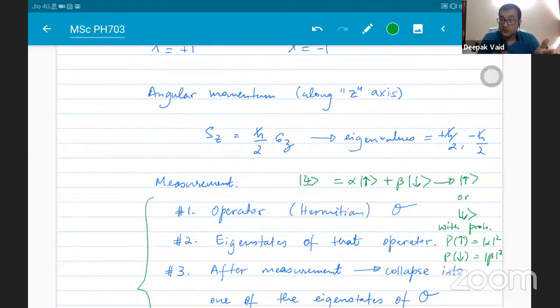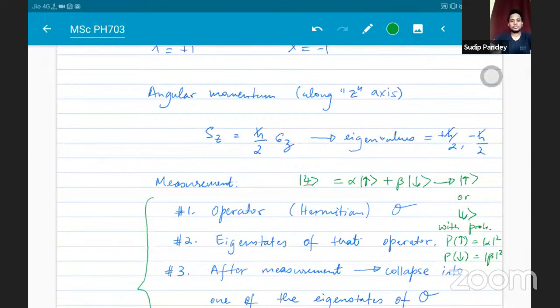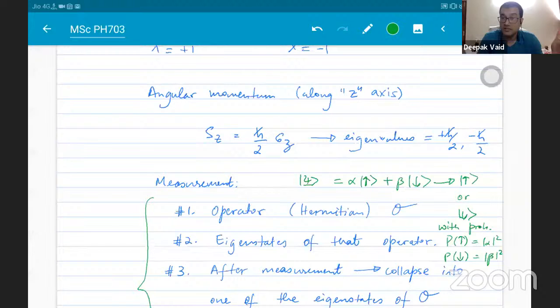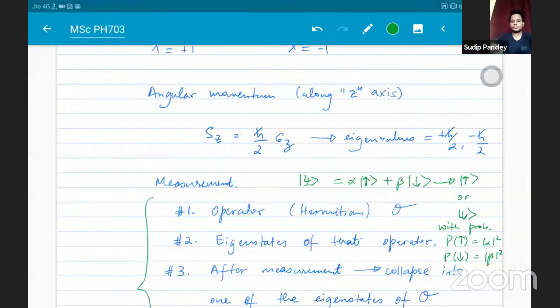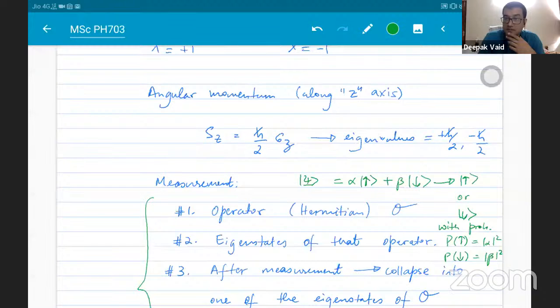The answer is no, because this is a statistical statement. It applies only in the limit of large numbers, repeating this experiment many times.